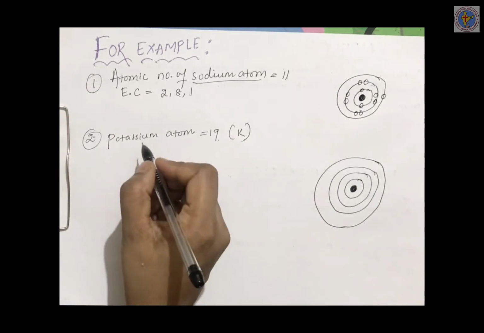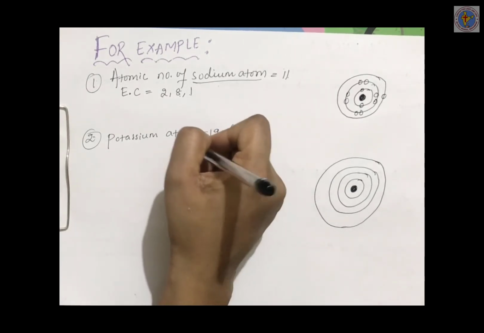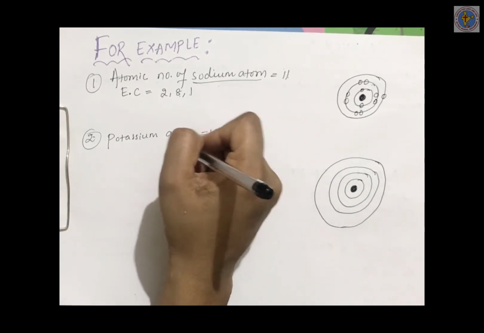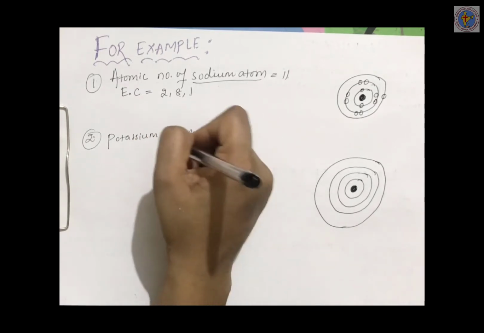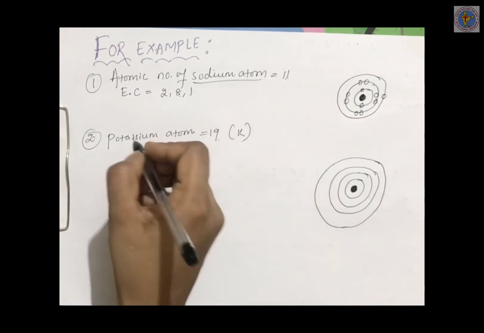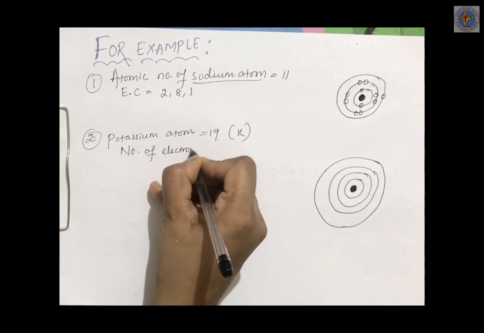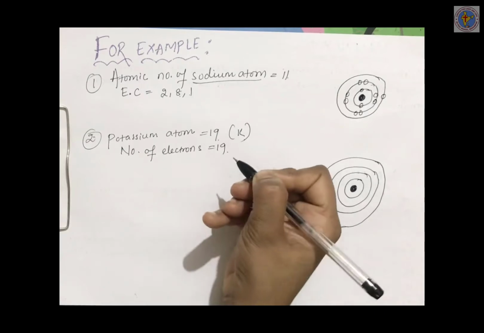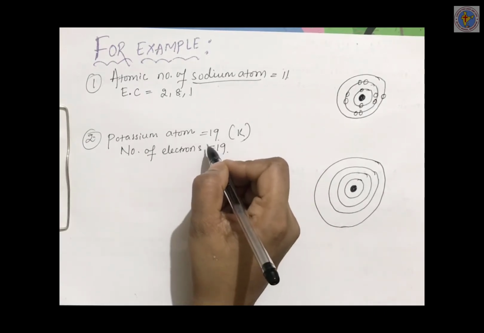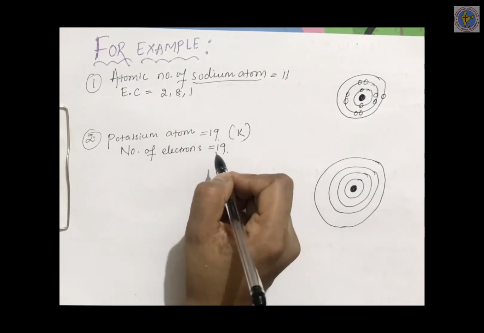Now let us find out the number of electrons in the potassium atom if the atomic number of potassium is 19. The number of electrons will be 19, because we know very well that atomic number is equal to the number of electrons.